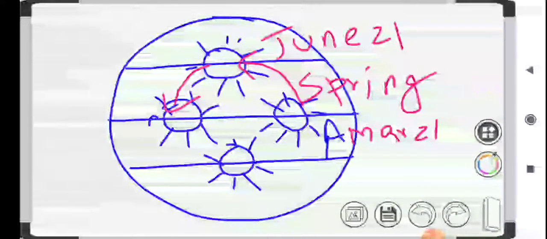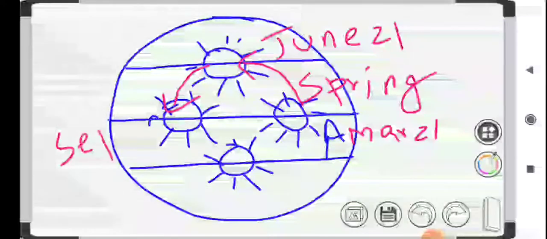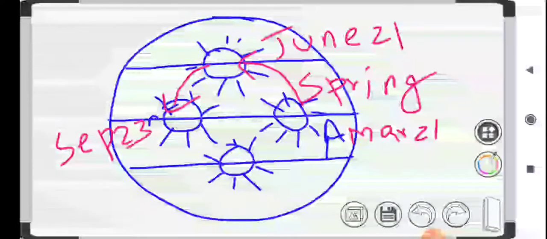Then in the next 3 months, the apparent movement of the sun is from Tropic of Cancer to equator, that is from June 21 to September 23. The season in the northern hemisphere is summer.